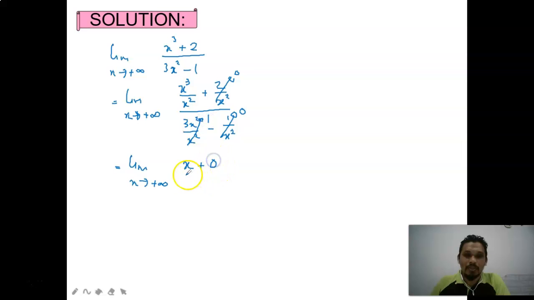So then 0 plus x divided by 3 minus 0. So if x is approaching positive infinity, let's say x is getting bigger and bigger and bigger, 10, 100, 1,000, 10,000 and so on, plus 0 divided by 3 equals positive infinity. Okay.